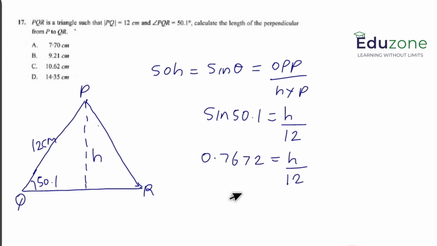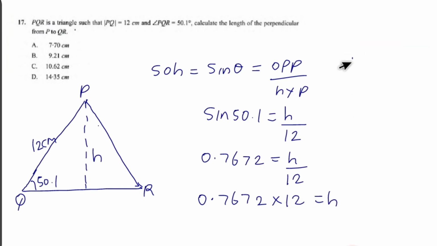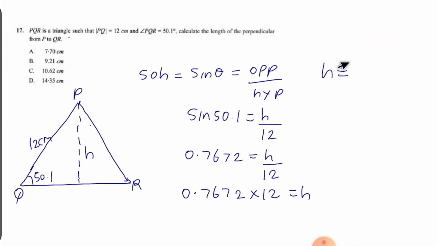Our next thing to do now, I'm going to cross multiply. So that is 0.7672 times 12, everything equal to H. Therefore, H will now be equal to 9.206. Now, approximately, H will be 9.21. So our correct answer is B.